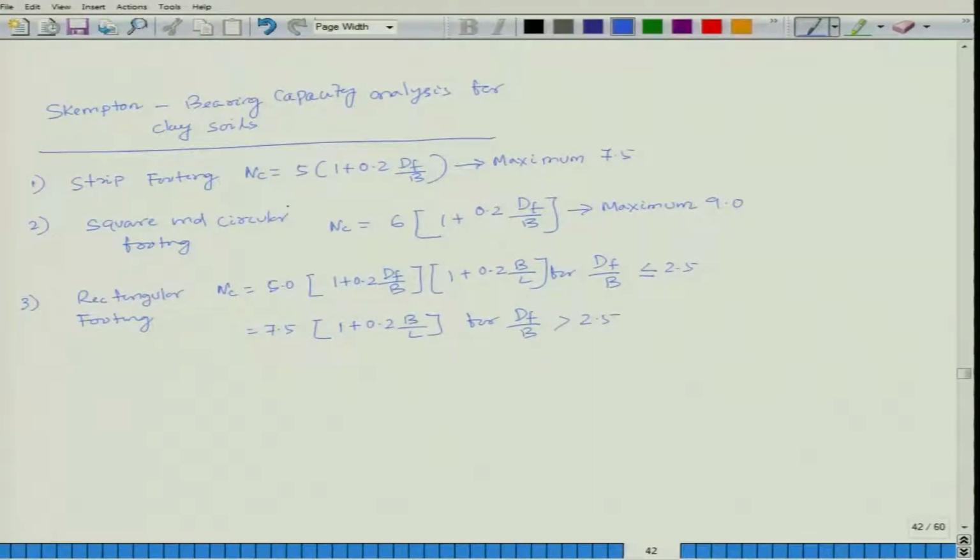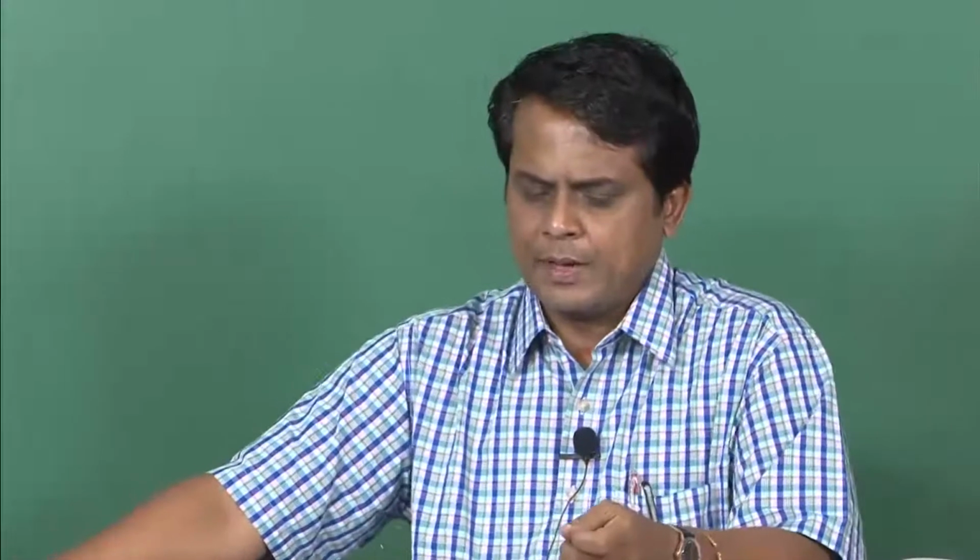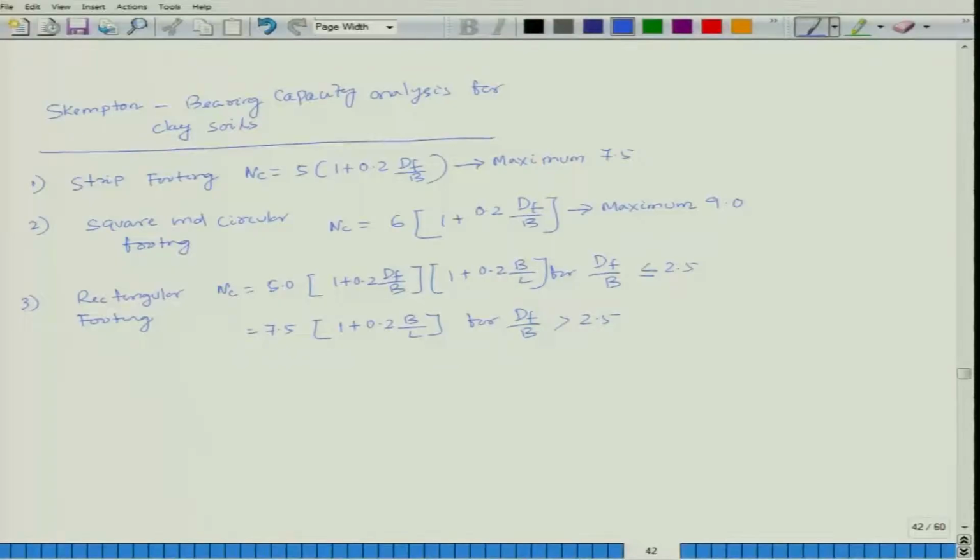So, he has given for three conditions, particularly for clay soils. Strip footing: Nc is equal to 5 into (1 plus 0.2 Df by B), maximum is 7.5. Second is square and circular footing: Nc is equal to 6 into (1 plus 0.2 Df by B), maximum is 9.0, here it is 7.5.